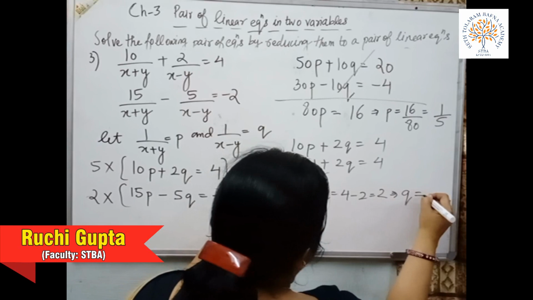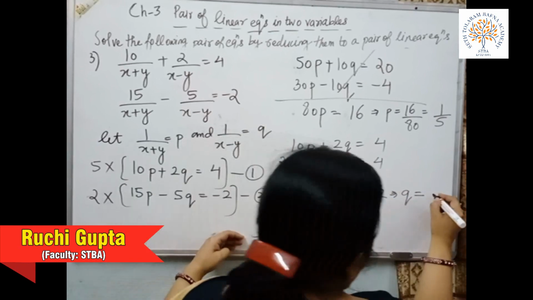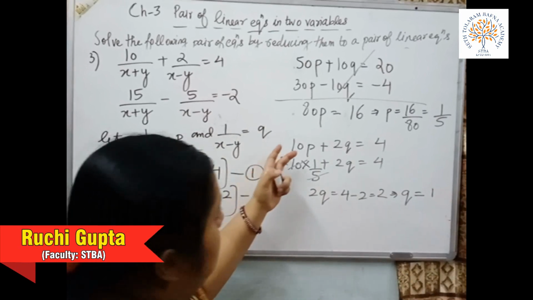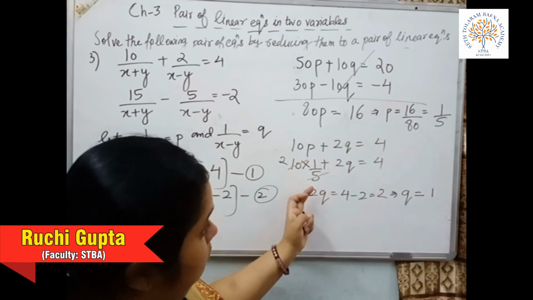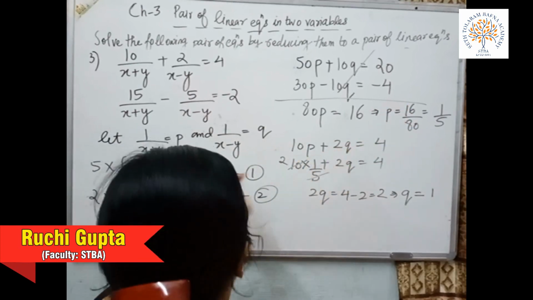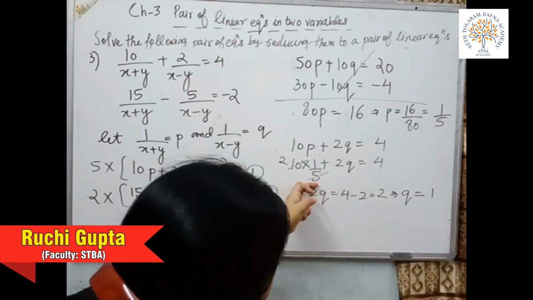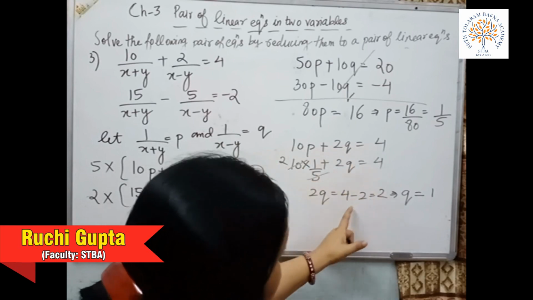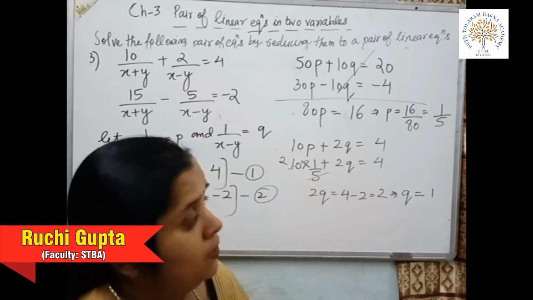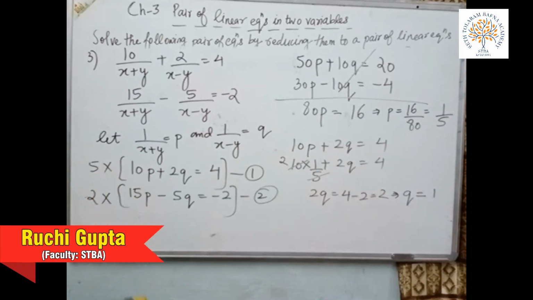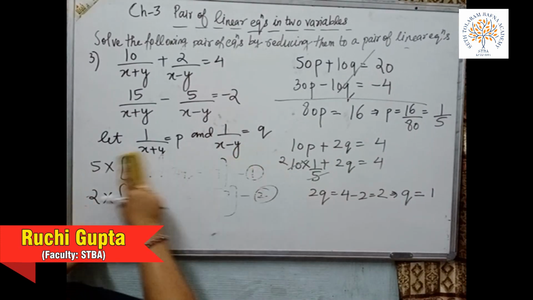So what is q? It is 2 upon 2, which is 1. So what is the value of q, students? It is 1. It is 1.